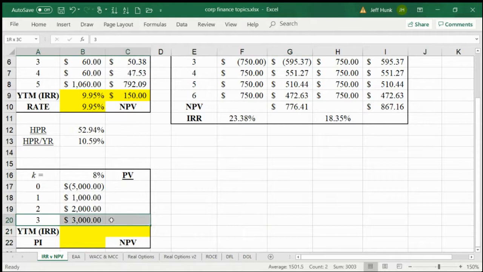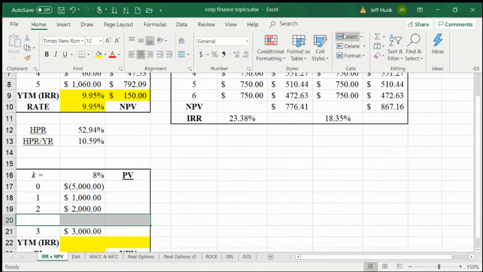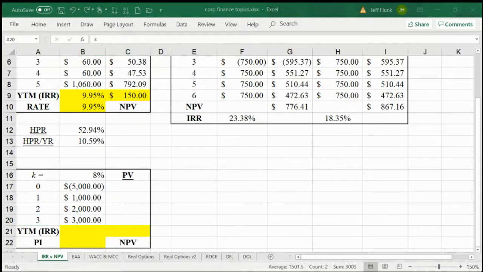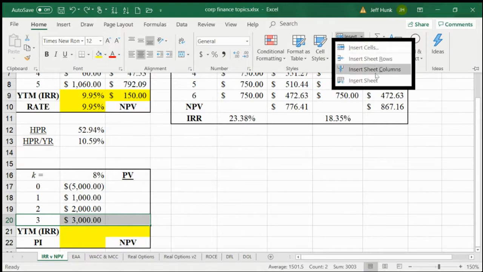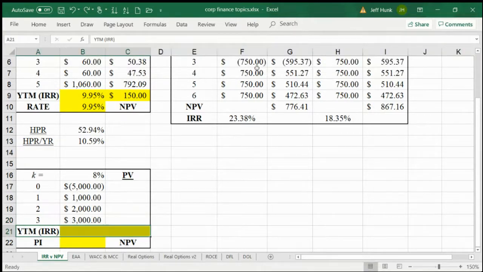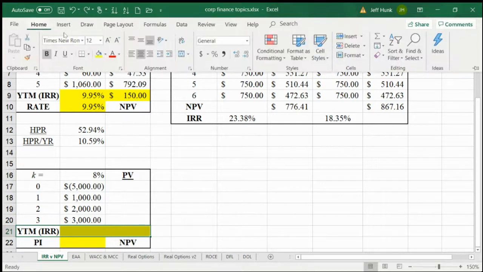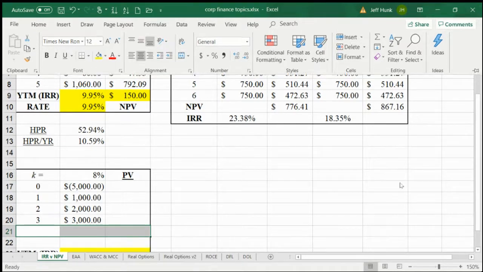And just to make it more interesting, I'm going to add a couple more rows. I'll have to go to insert, and insert below, because it inserts below.